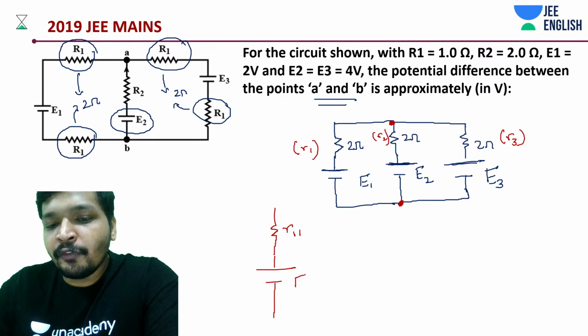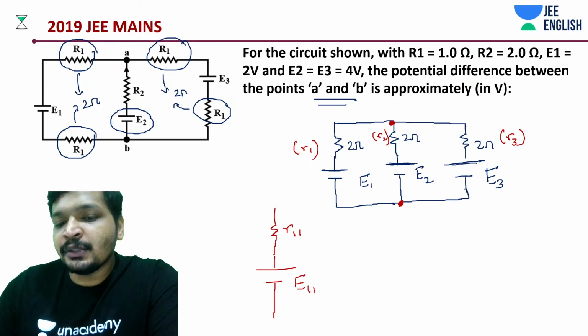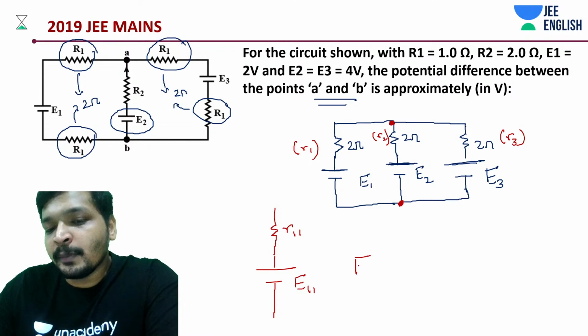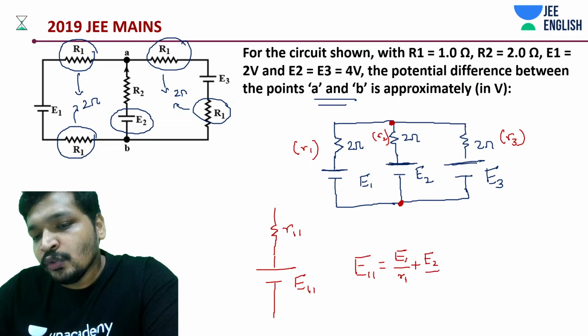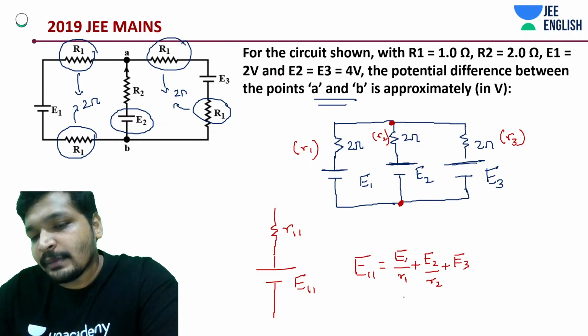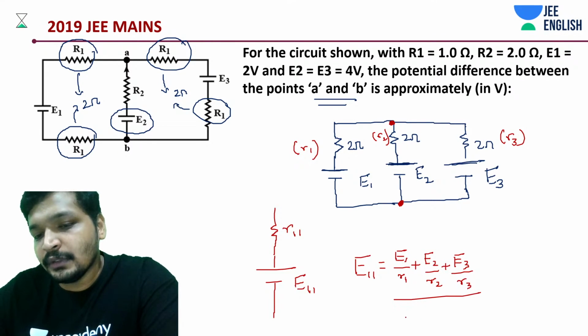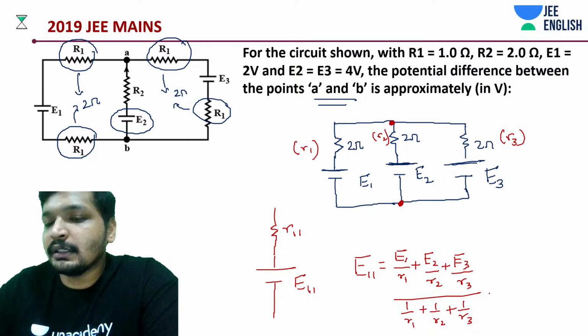But what about EMF in such a situation? EMF parallel is going to be E1 by R1 plus E2 by R2 plus E3 by R3. Is that correct dimensionally? No. Divided by R parallel, or we can keep it as 1 by R1 plus 1 by R2 plus 1 by R3.